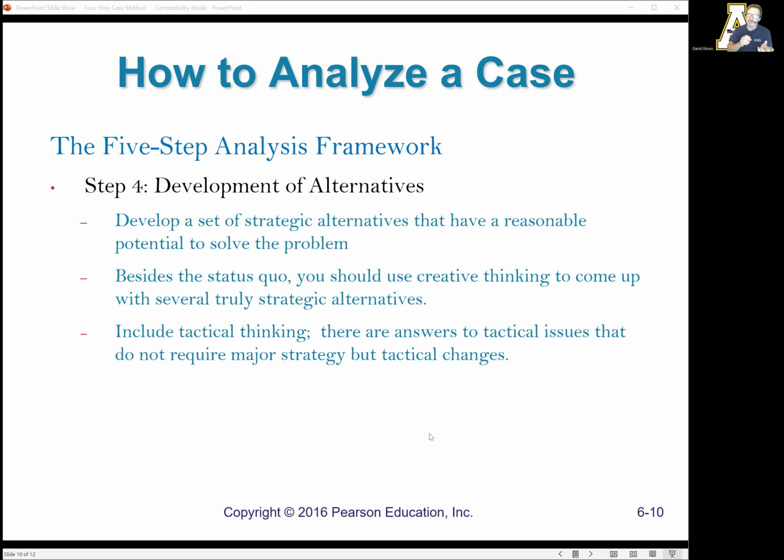The tactics are short-term kinds of actions that are there to achieve the strategy. The answers to tactical issues do not require major strategy, but tactical changes. And so you might also find some minor things in your particular case where you may need to make some small tactical changes.